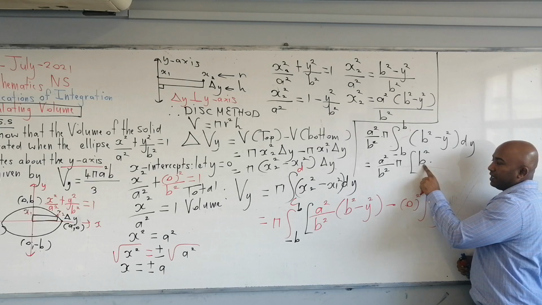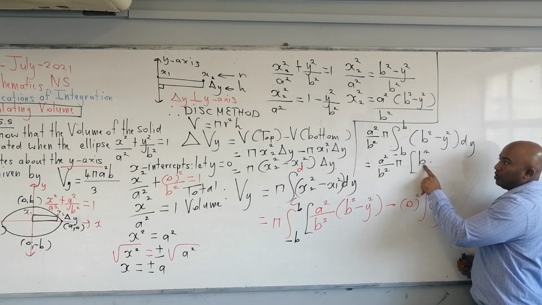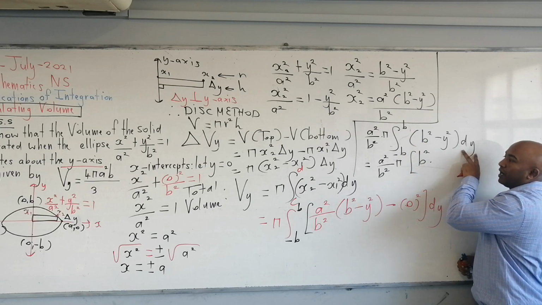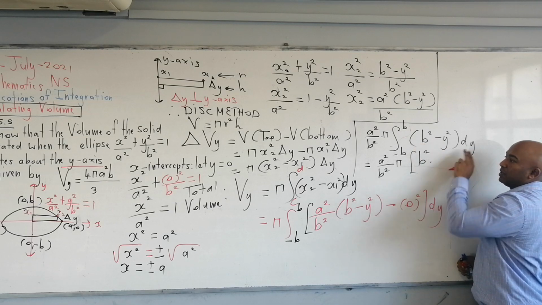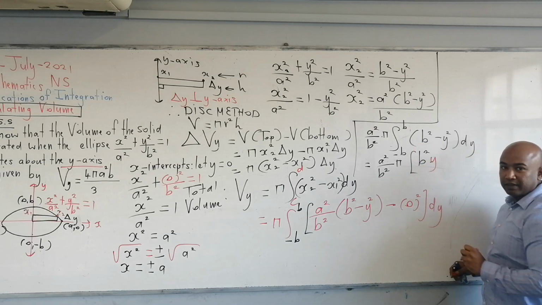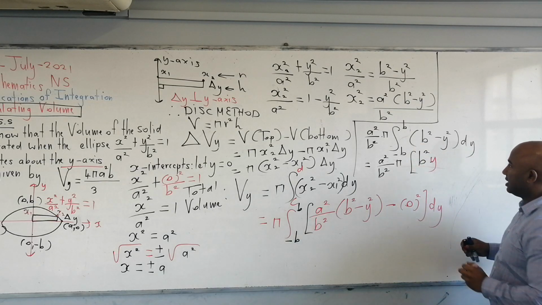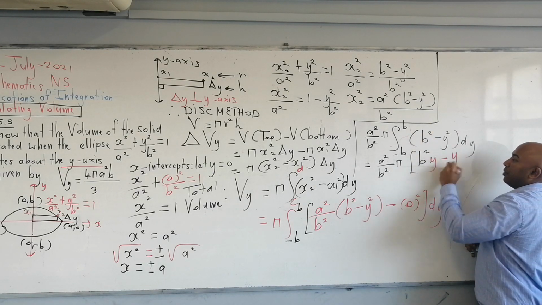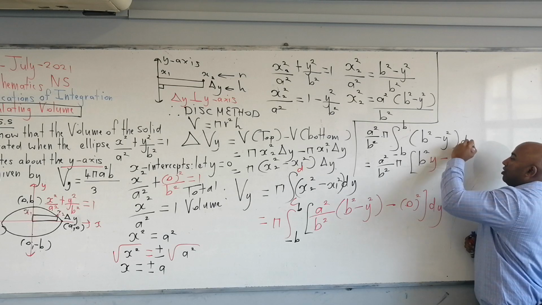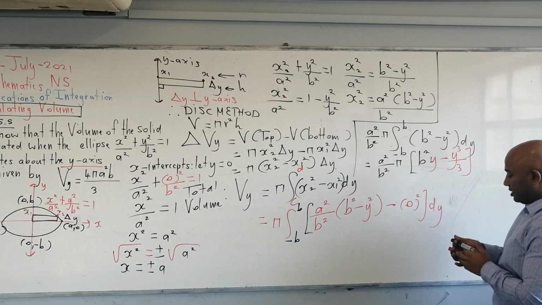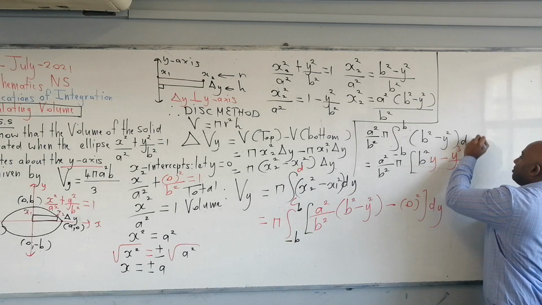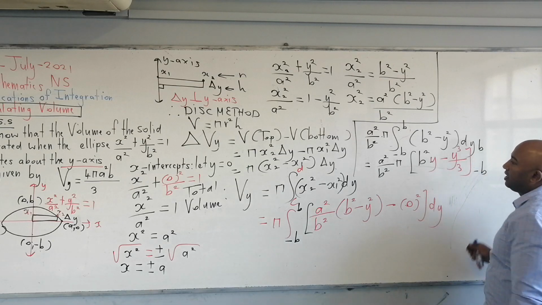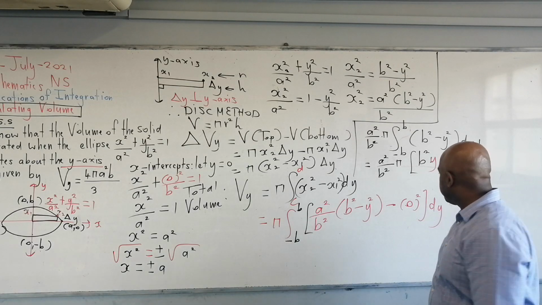If it was 10, it will be 10y. If it was 20, it will be 20y. So b squared will be b squared y. Remember, b squared represents a number. Minus integrate y squared, that will be y to the power 3 over 3. Substituting positive b and negative b.